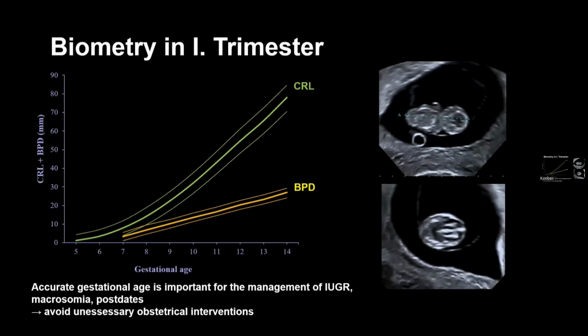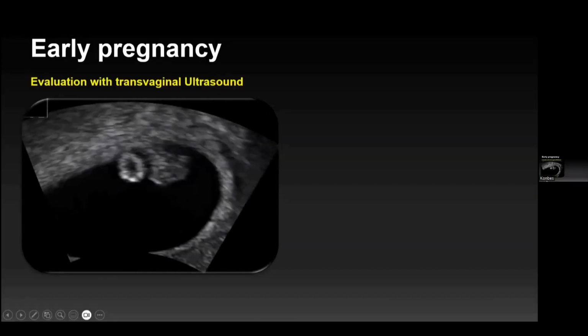And we can combine these measurements also with the biparietal diameter early in pregnancy. So we have a good chance to have a clear period of about 5 days to calculate the gestational age very exactly.